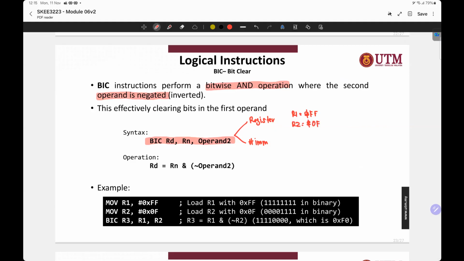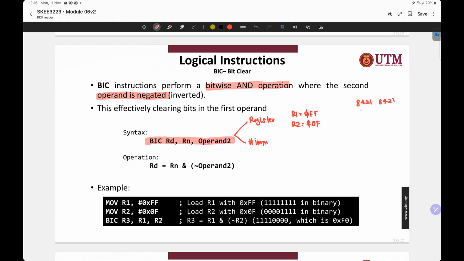So now what we need to do here, we need to invert first. So you change these two values to binary numbers by using the 1248 method.